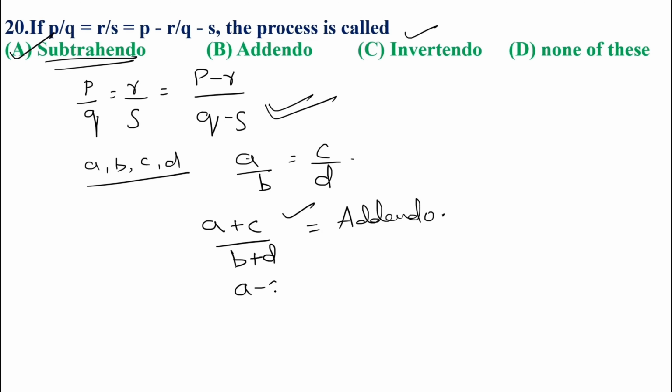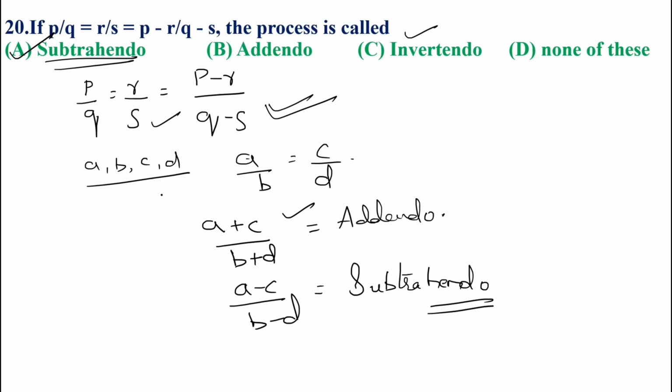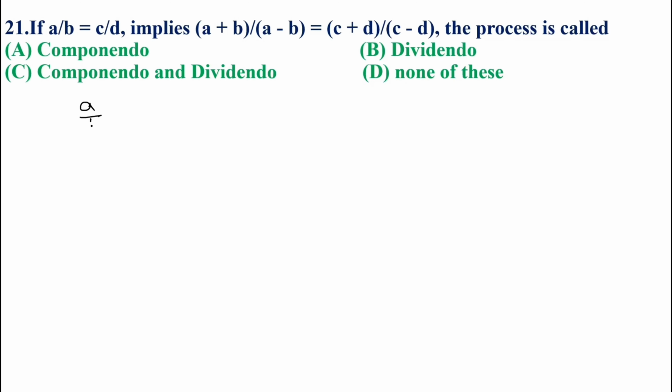A minus C by B minus D is called subtrahendo. In the same way, P minus R by Q minus S, the differences of numerators and denominators, is called subtrahendo.